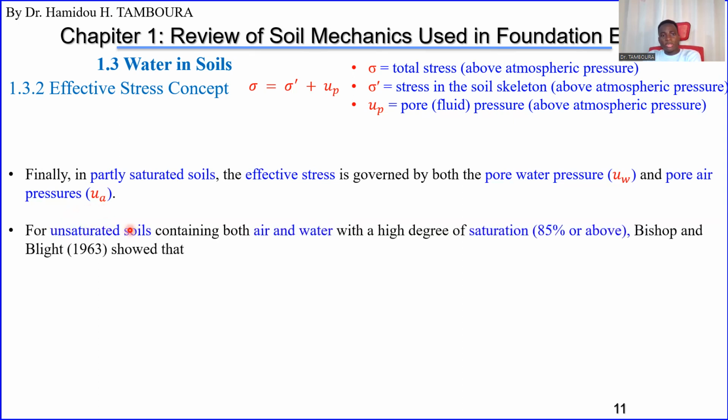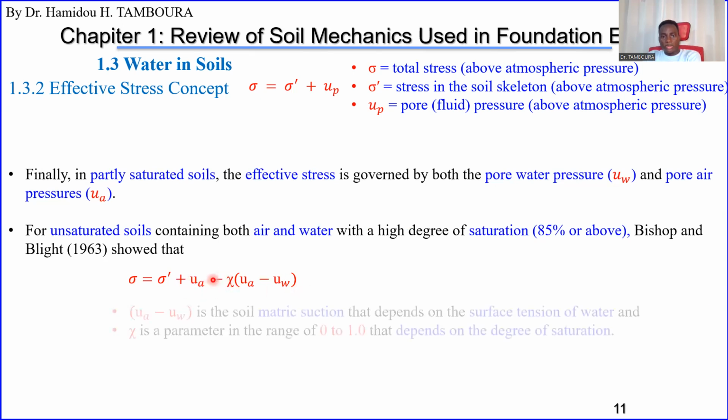So for unsaturated soil containing both air and water, with a high degree of saturation, for example 85% or above, we have this formula, Bishop and Blight, I think, giving the relationship between the total stress, effective stress, air pressure, pore water pressure, and this coefficient.